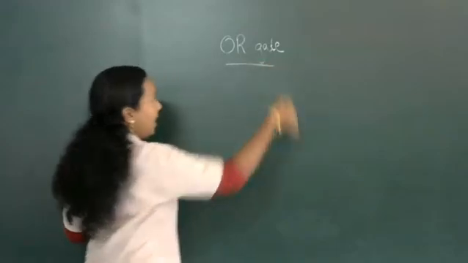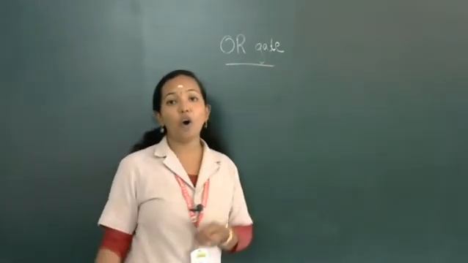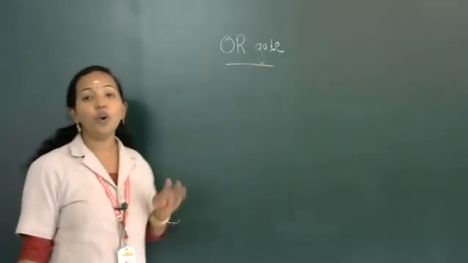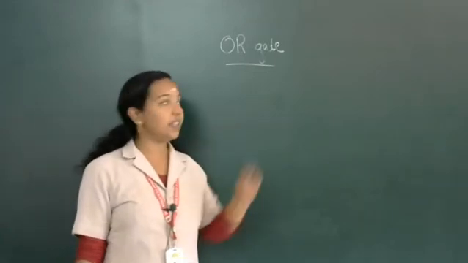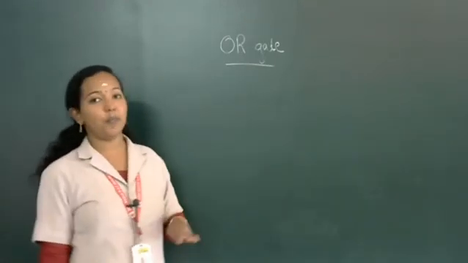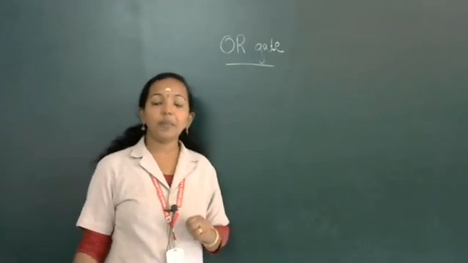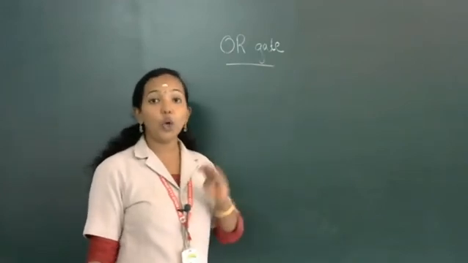The OR gate is used for performing the OR operation, and it belongs to the Boolean algebra category. In the previous video I already mentioned logic gates.